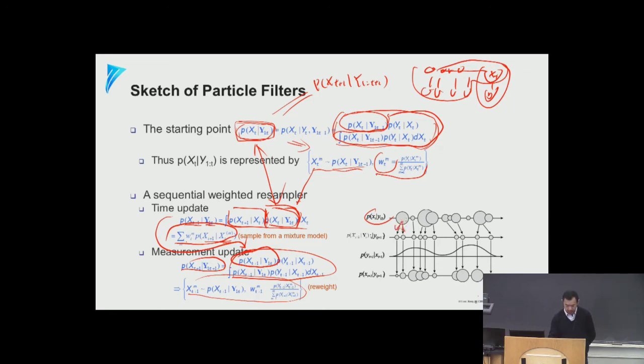The bigger balls get more samples, and the smaller balls get one sample. Therefore, you now get this new sample set. Then you multiply them with this new evidence, which is in here, that defines the new weights.